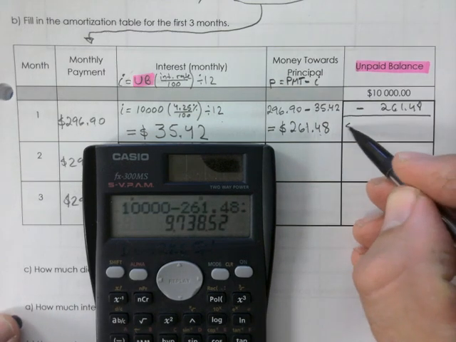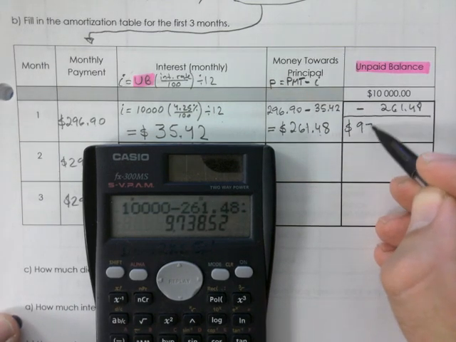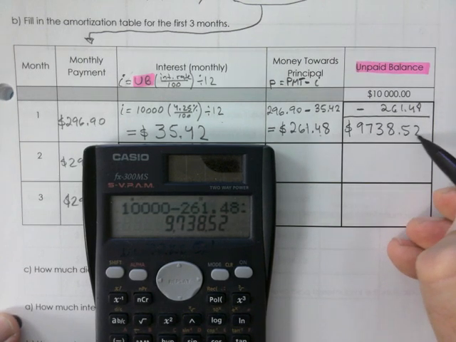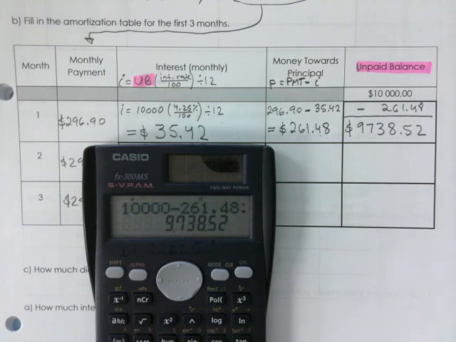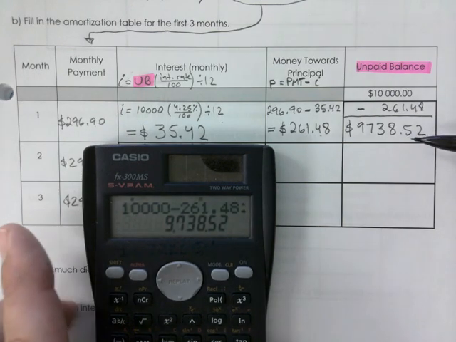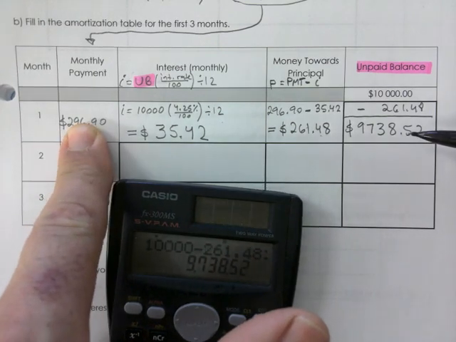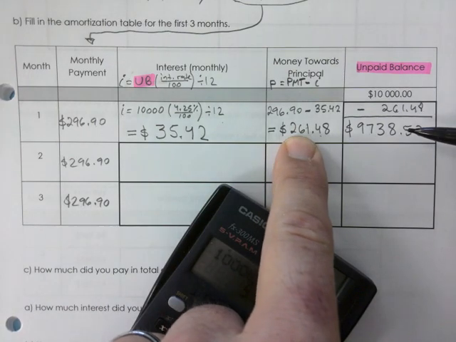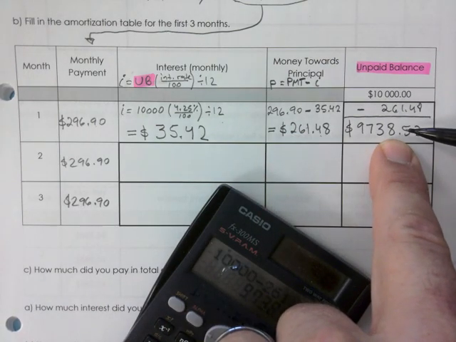So now, after the first month, you owe them this much money. So your unpaid balance has gone down slightly, but not by your payment. Not by your payment.